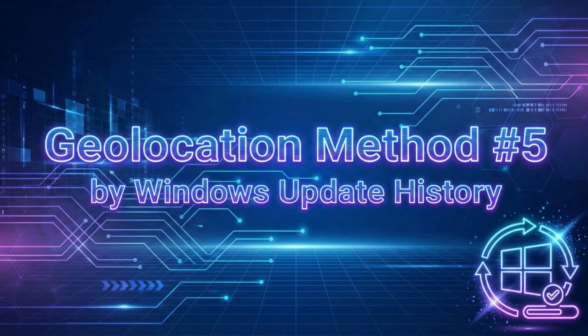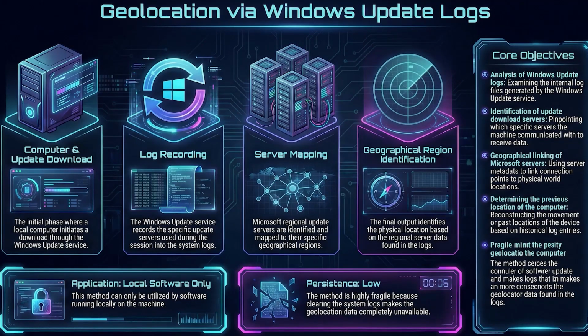This method is only available for Windows and allows you to determine where and when your copy of the Windows operating system was updated. The thing is, Windows automatically checks your geolocation and wants to download the update to your PC as quickly as possible.